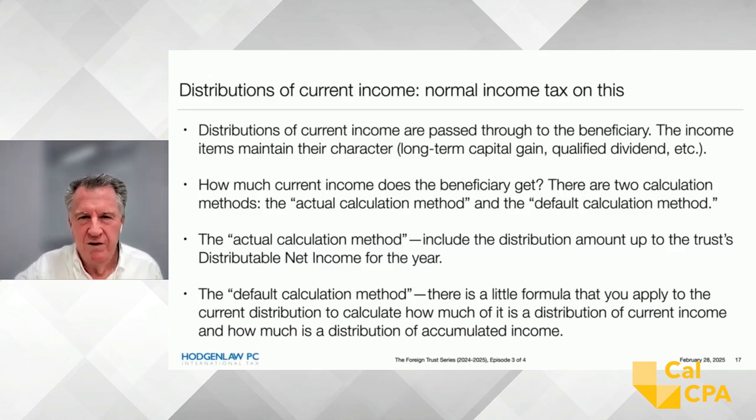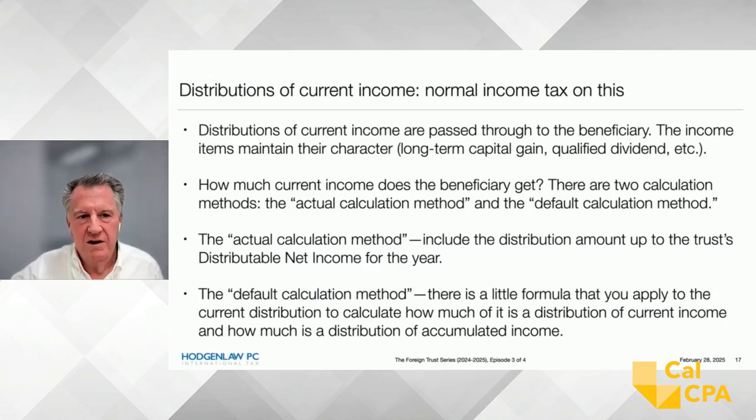And what we have in the trust world is, for the current amount of income distributable and therefore taxable to the beneficiary in the current year, we call this distributable net income. You start with taxable income, you do some adjustments, and you end up with a number called distributable net income, DNI. I'm not going to get into details on this because I'm going to get into details next month when we do some math.